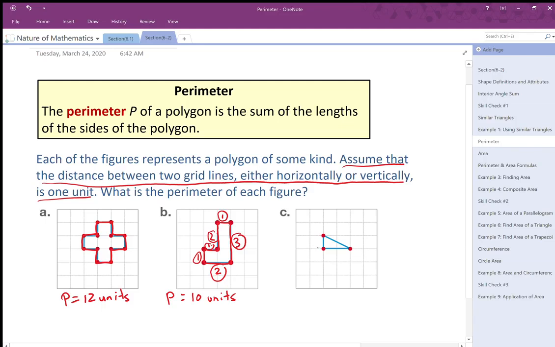Here we have a triangle that has a height of 1 unit and a base of 2 units. We need to find the length. So this is a right triangle. We'll use the Pythagorean theorem. 1 squared plus 2 squared equals c squared. We always use c for the hypotenuse.